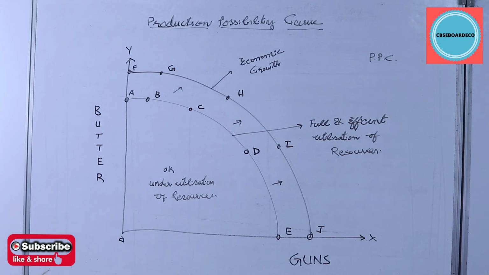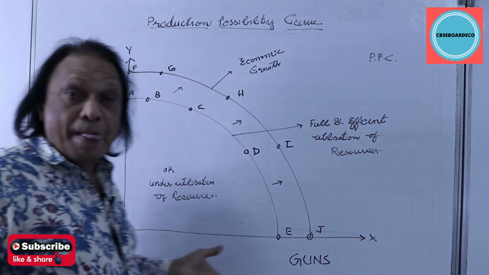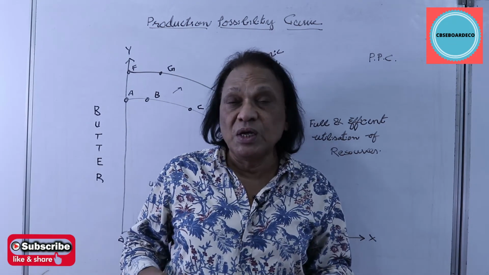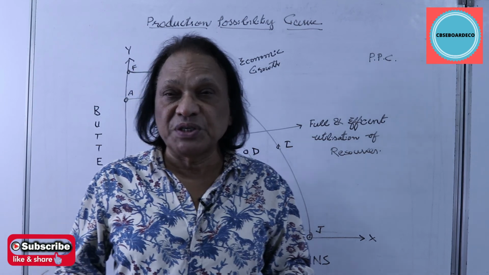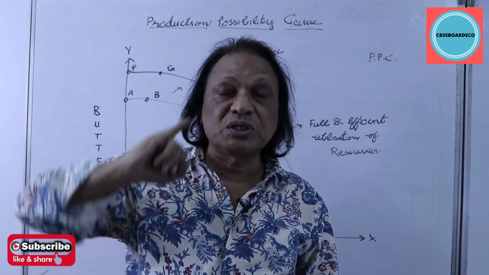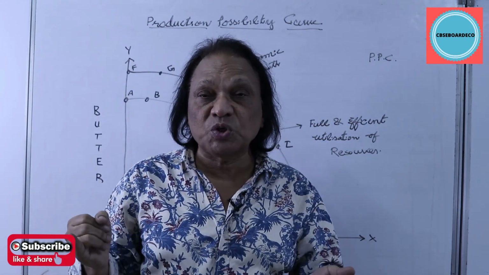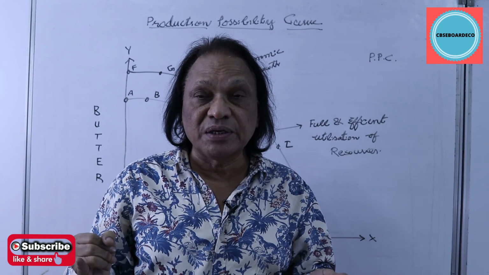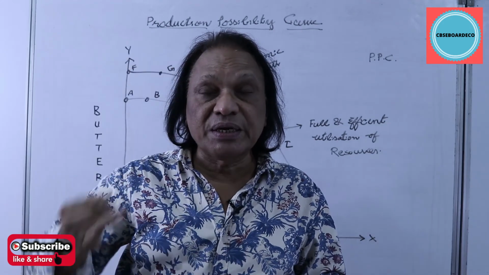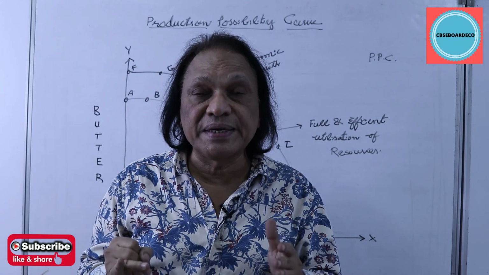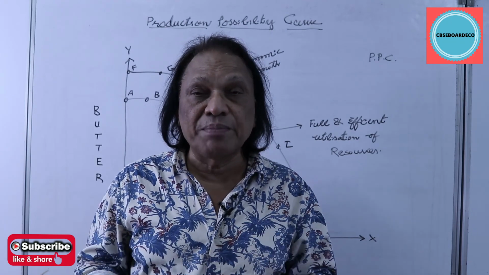So you got a clear idea about PPC. We can ask you separately, what are the characteristics of PPC? You write number one, it is downward sloping because if the economy produces more of one good, it has to decrease the other good. Number two, it is concave to the origin because of increasing MOC or MRT.